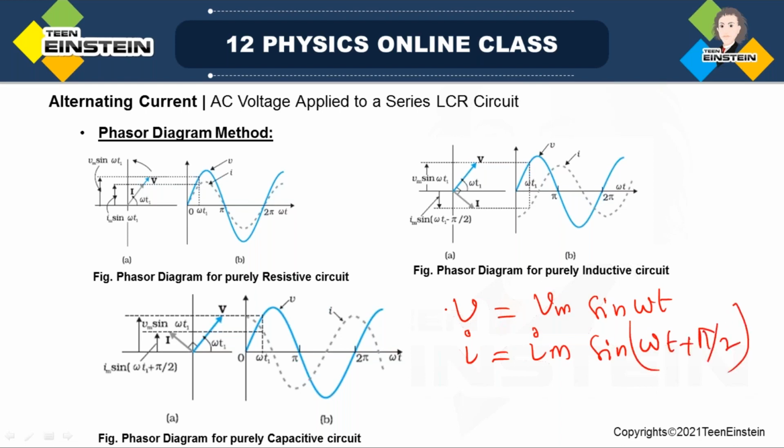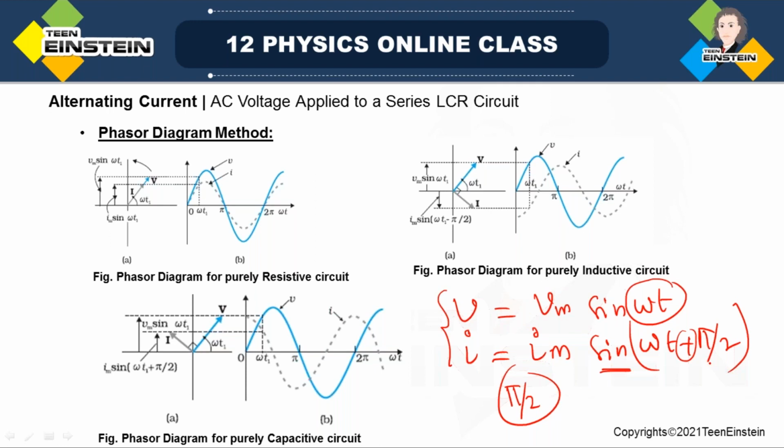I'm not deriving this; you just go back and look, we have already covered this. You can see there is a phase difference: this is only omega t, this is omega t plus pi by 2. That means you have a pi by 2 phase difference between the current and voltage, with a plus sign, so the current is ahead of the voltage in a purely capacitive circuit.